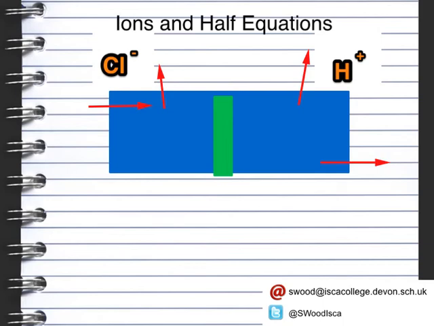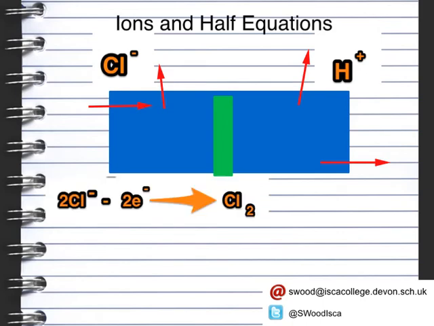First of all we'll look at the chlorine. We start with the chloride ions here. These chloride ions lose two electrons and they end up becoming a chlorine molecule, or chlorine gas. This is an example of oxidation.